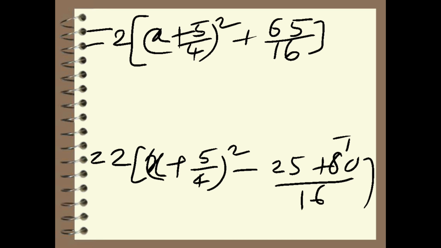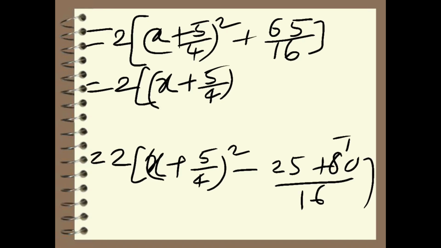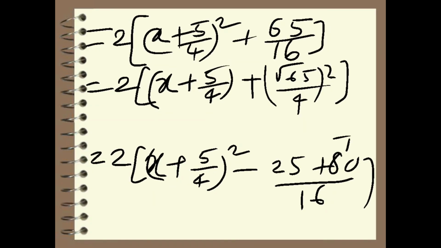Now clearly it is of the form x square plus a square. You can change it as x square plus a square. So to change it, assume capital X in the place of x plus 5 by 4. And 65 cannot be written as a perfect square number, so we are taking root 65 by 4 whole square. That is our expression.